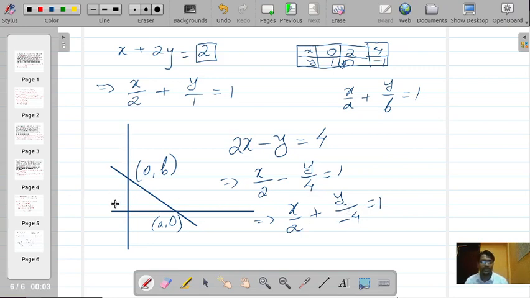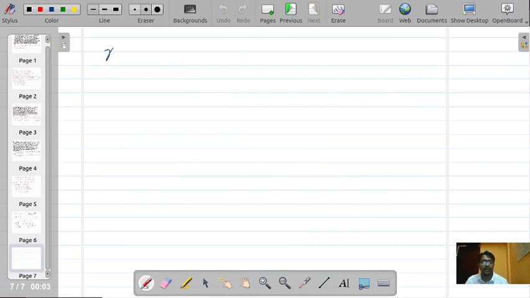Any straight line which is not parallel to the x-axis and not parallel to the y-axis can be converted to this intercept form. In particular, a straight line which is parallel to the y-axis has an equation that looks like x equal to k.